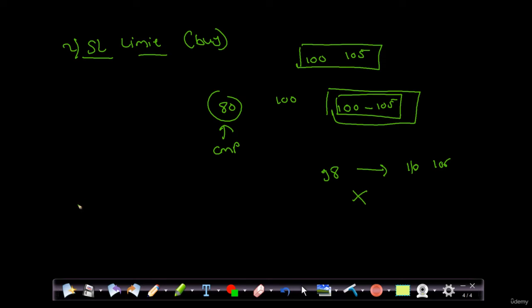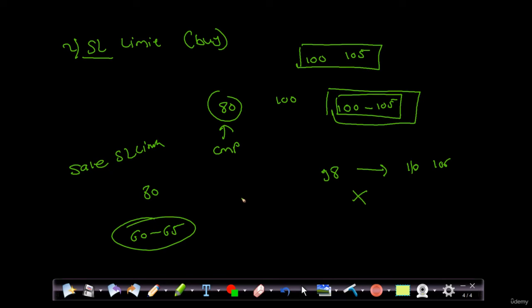Now let's take selling. How does it work in the case of a sell stop loss limit order? Suppose the current market price is 80 rupees, then you need to place the sell stop loss limit order at 60 to 65 rupees. That means if the market moves down, your stop loss will hit if the market is between 60 and 65.